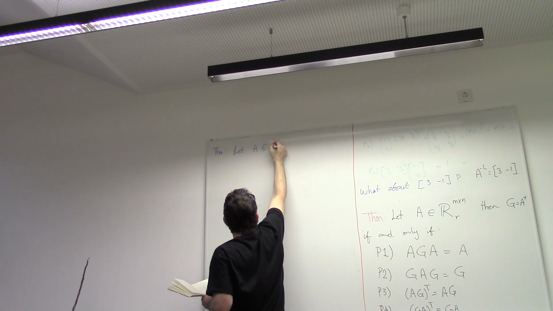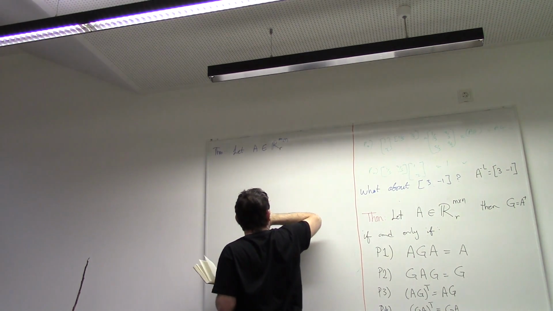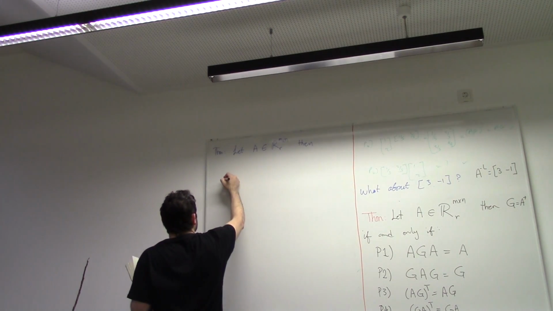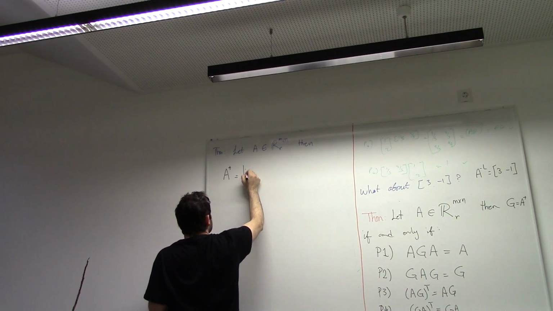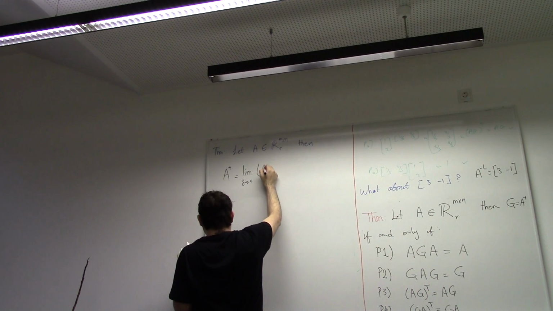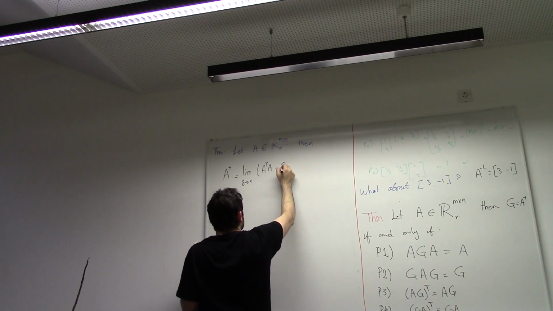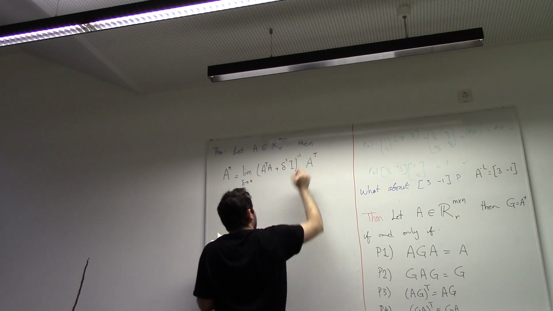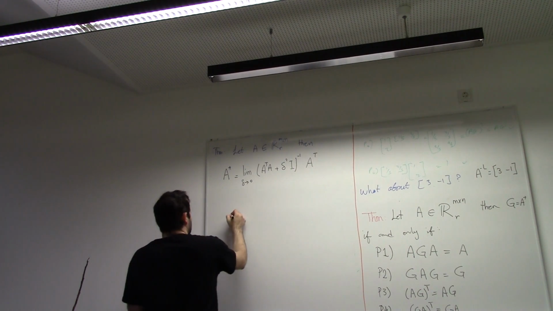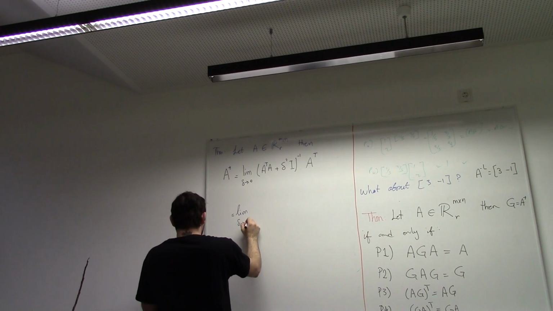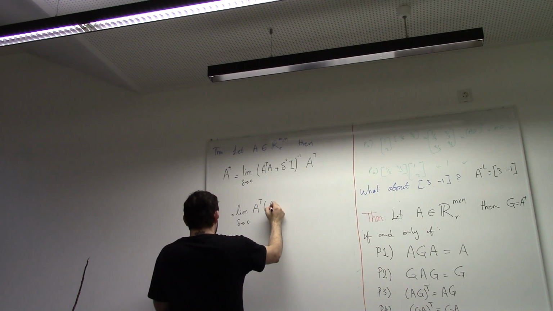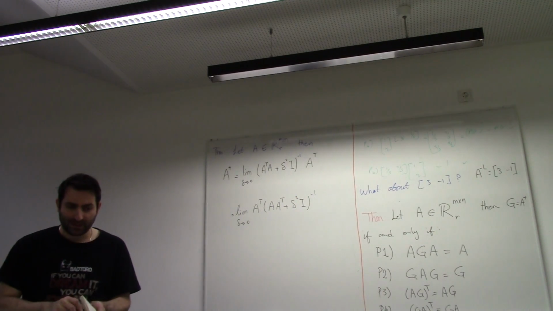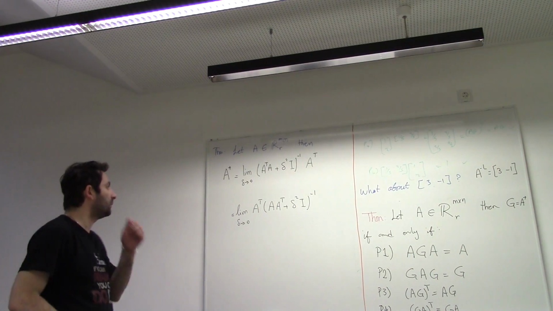Let A belong to R m by n with rank R, then A plus is calculated as the limit of delta going to 0 of A transpose A plus delta square I inverse times A transpose, which is equal to the limit of delta going to 0 of A transpose times A A transpose plus delta square I inverse.